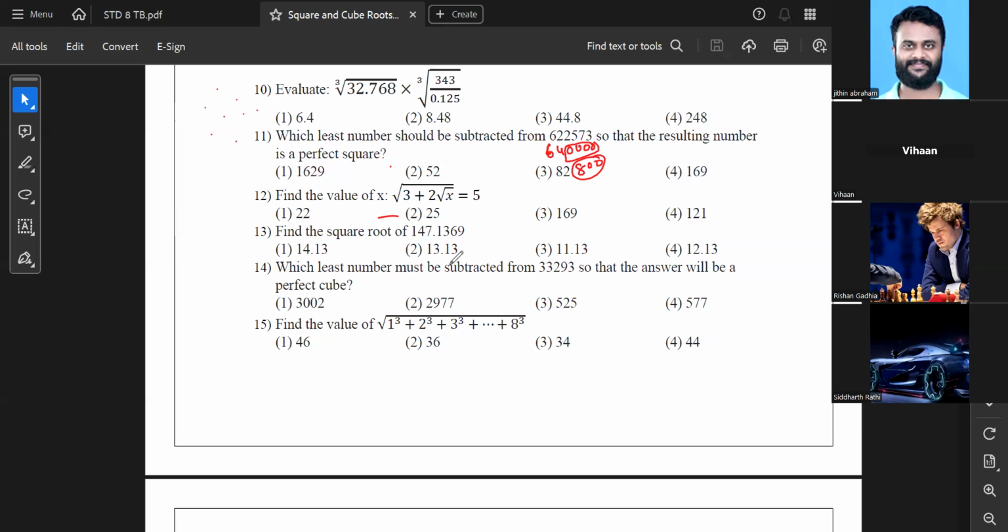But going above 790, I won't jump directly like that. Once I'm sure that my number is below 800, then what do I do? I'll take a bigger range. I'll try 79. I'll try to find the square of 79. Now when I find the square of 79, I get 6241.